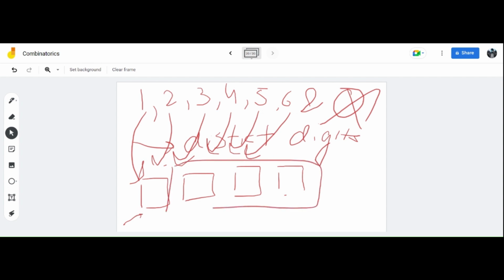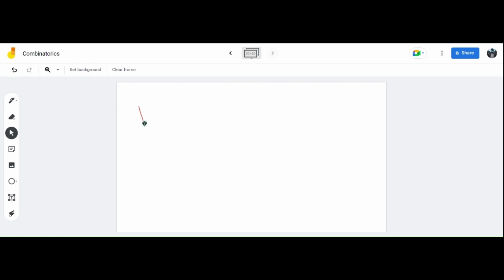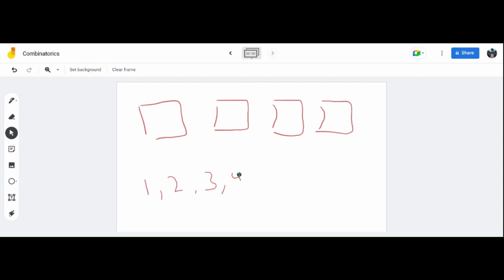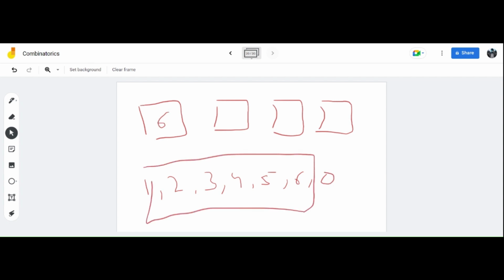Right? So, for the other places, these are the numbers. Sixth place. And this is a distinct digits question. So, after we use a digit in this place, we can't use that same digit in this place. So besides that digit, this also has 6 ways. Because let's say the first place has 1.